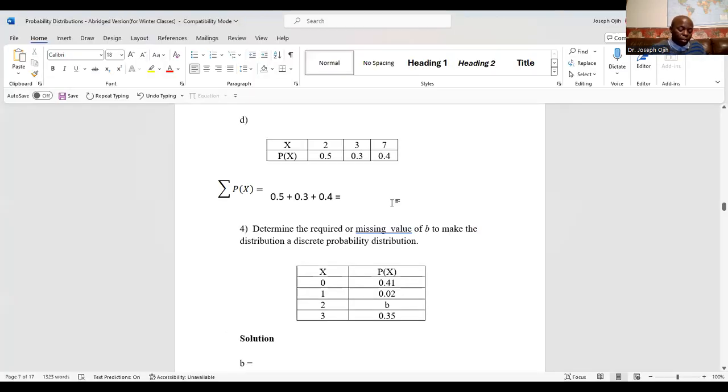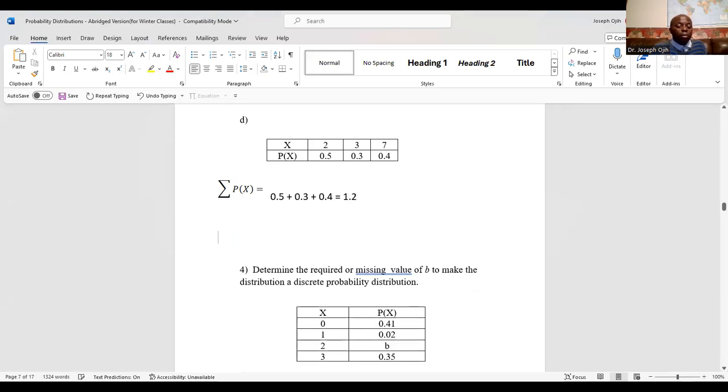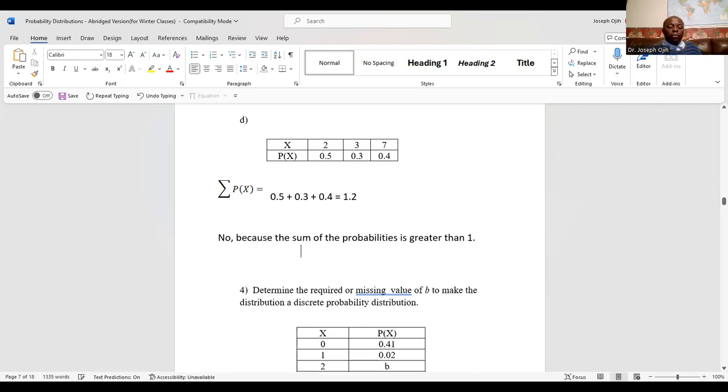So the sum is 1.2, the answer is no, because the sum of the probabilities is greater than 1.